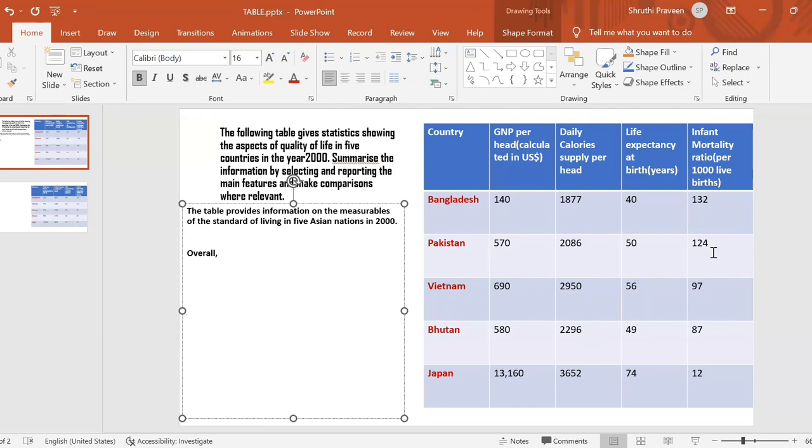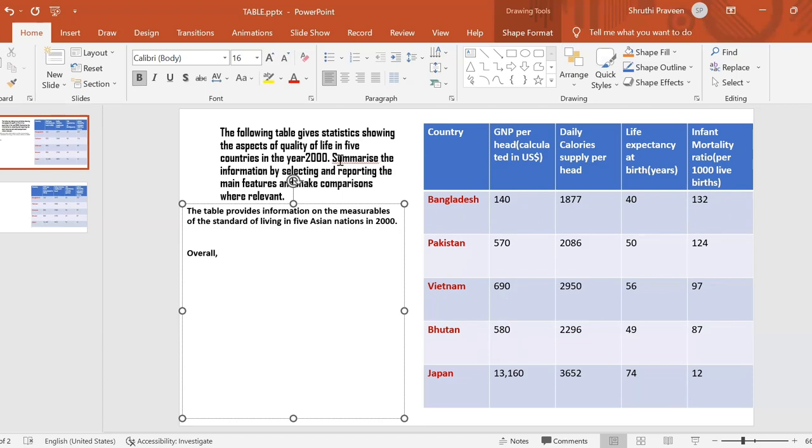This is the highest infant mortality ratio. 97, 87. But then Bangladesh tops the infant mortality rate at 132, and the life expectancy is the lowest. Daily calories consumed is the lowest, and GNP is also the lowest. So it is very evident from this table that Bangladesh offers the least quality of life, and Japan offers the highest.